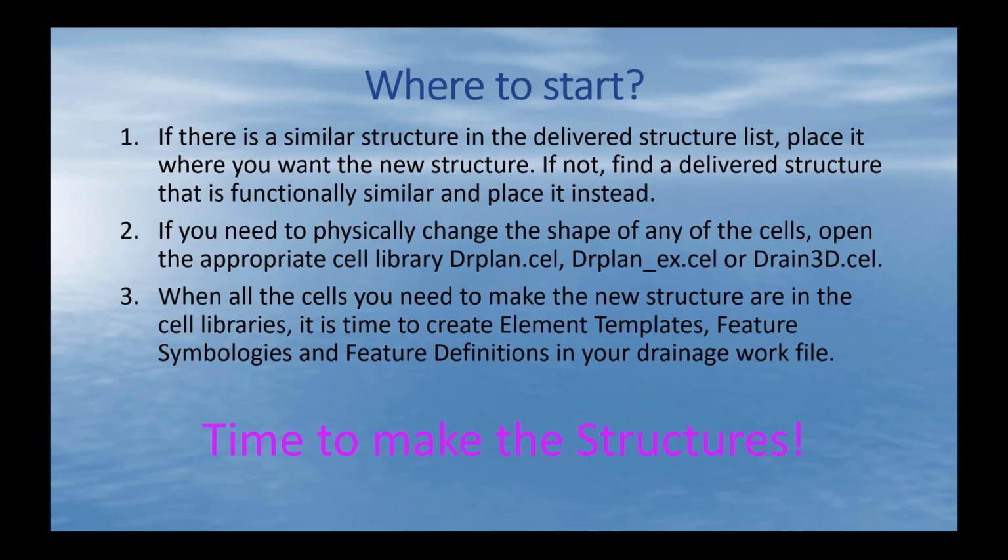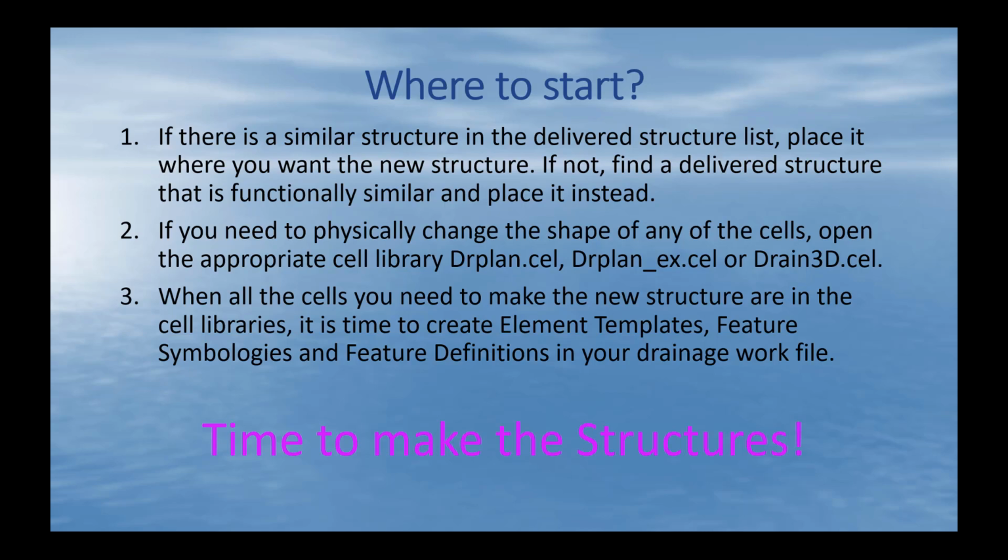So if you had a grate inlet that you were creating from scratch of some unknown size, then you would want to place a type of grate inlet, and the reasons why you need to do that will become evident in just a few minutes when we start doing the construction of our pond control structure.